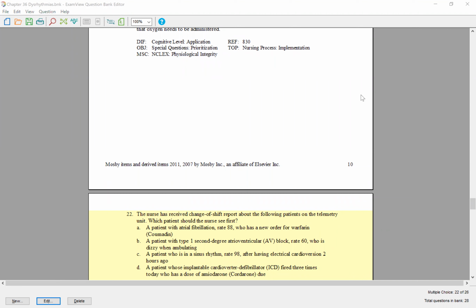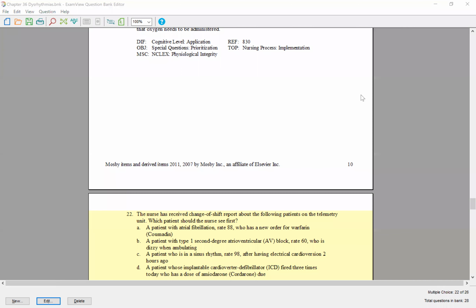Third is you can do expected versus unexpected. Will that work? Yeah, that will work, right?